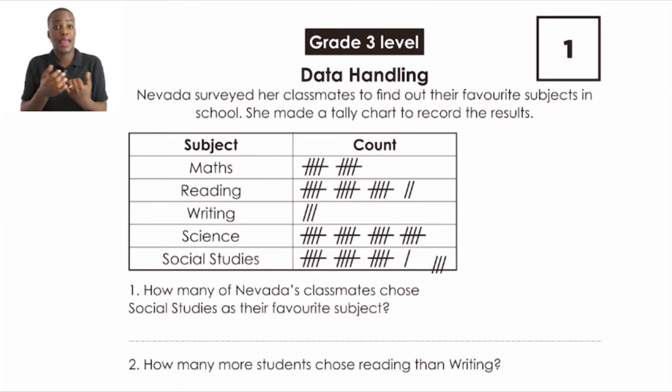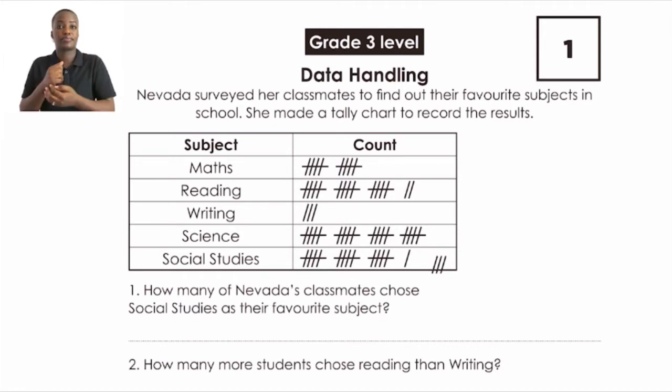So now that we know how to read the tally chart, to say that maths has 10 people that consider it their favorite subject, reading has 17 people, writing has 3 people, you are now able to answer the questions below.